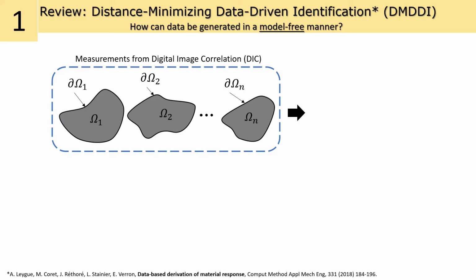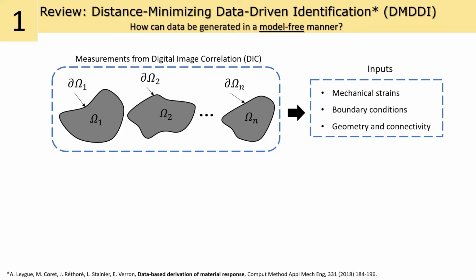Then, taking those mechanical strain measurements, the boundary conditions of those mechanical problems, as well as information about the geometry and connectivity of the domain of those problems, we can pass them as inputs to DMDDI.